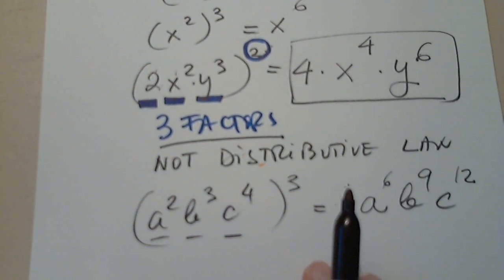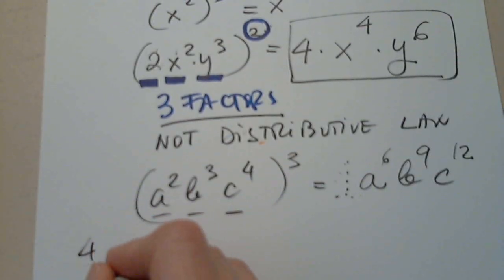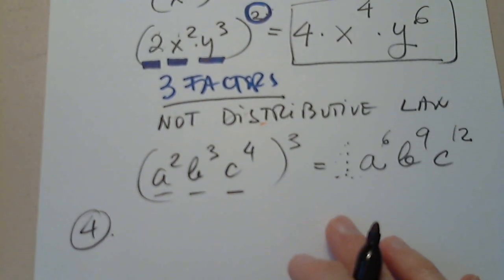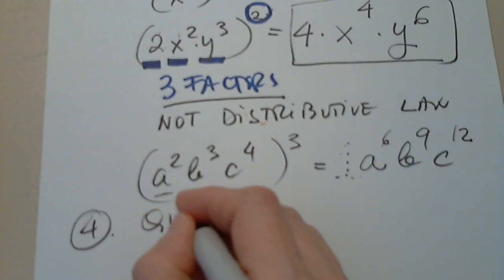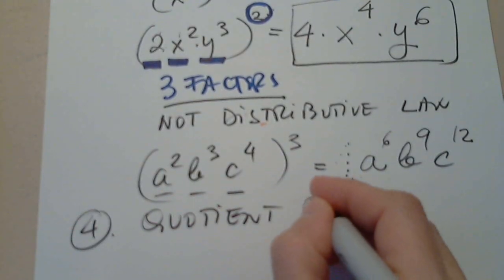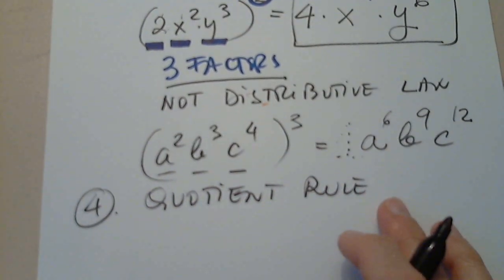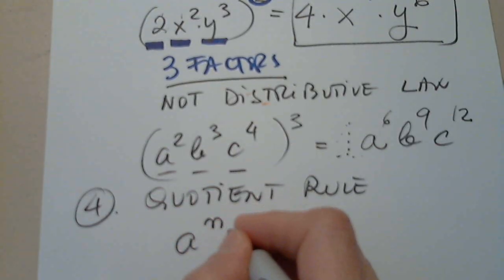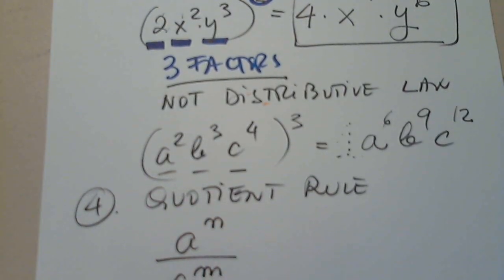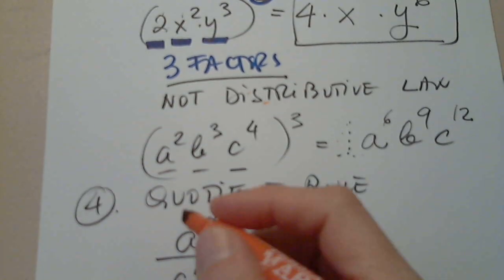Good. Next one. Another power rule. Quotient. The quotient rule. A to the nth power over a to the mth power. Notice again, the base has to be the same.